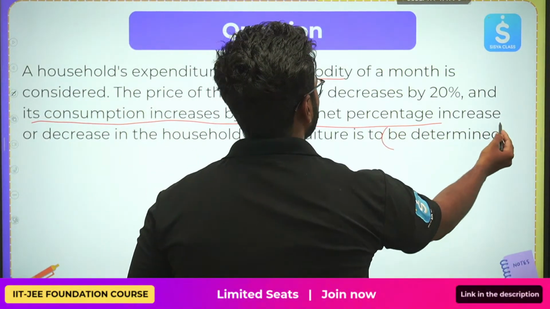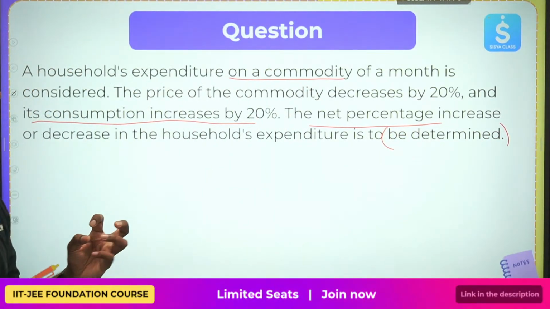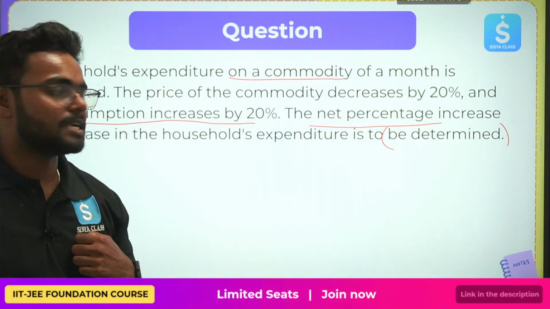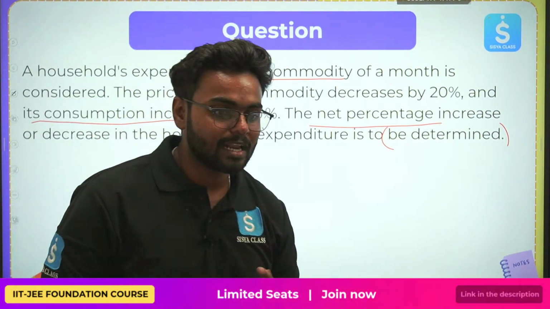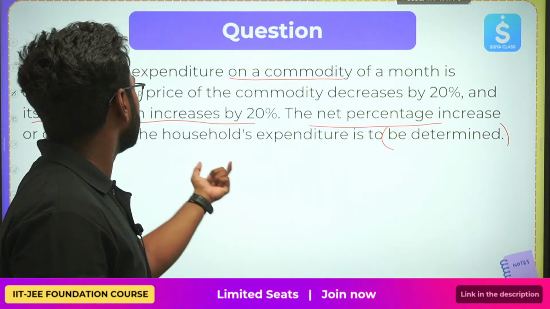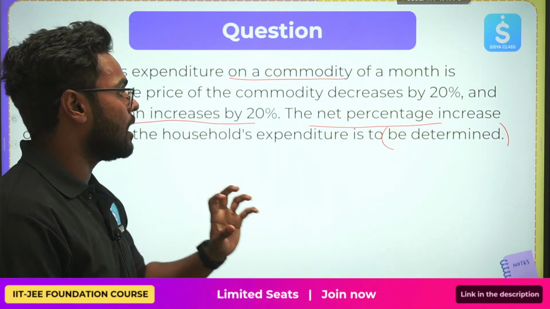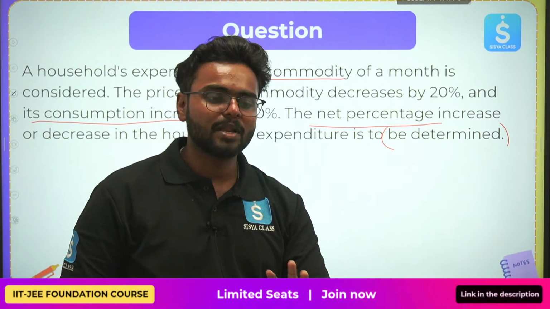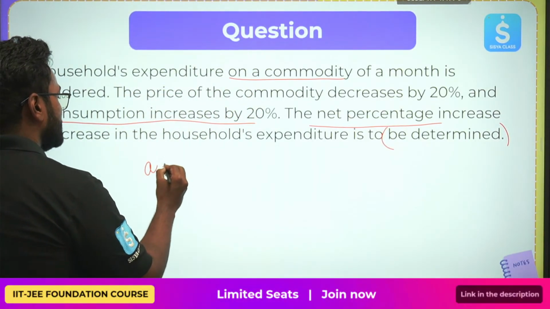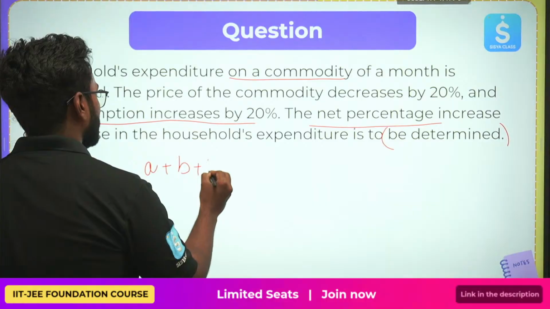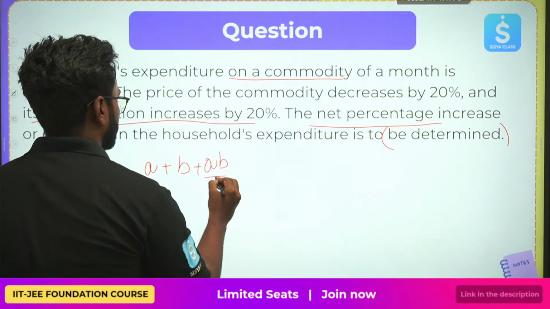So what do you understand by this question? The commodity price is decreasing by 20%, but the consumption is increased by 20%. Now they are asking us to find the final increase or decrease in household expenditure. Let us apply the formula we learnt, which is A plus B plus AB upon 100.